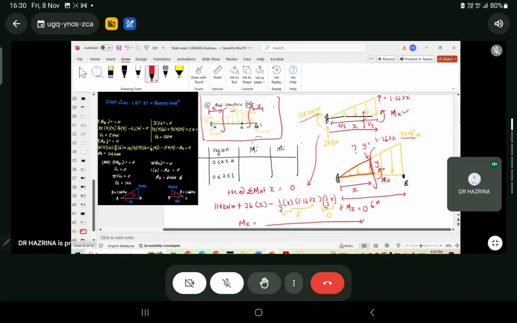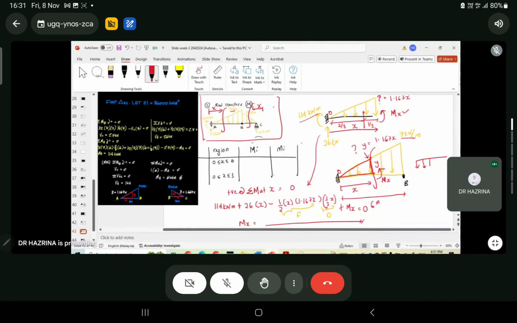So here we have calculated the ratio earlier, 1.167x. That means the height of the load here is 1.167 times X. Say you want to calculate the load at 3 meters, so you put in 3, and you get the load at 3 meters. Because the distribution of a triangular load increases from 0 to 7 kilonewton per meter.